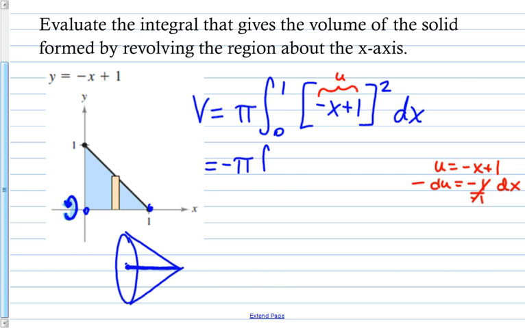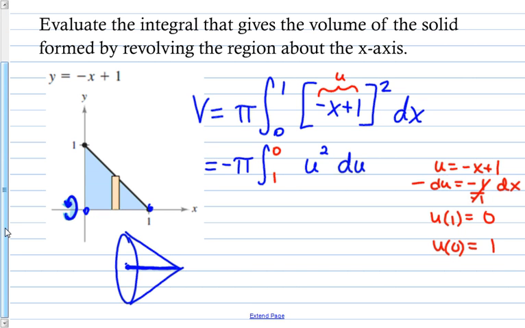And I'm integrating, and now this is u squared du. And I'm going to go ahead and keep it all about u. So you plug in the 1, and I get negative 1 plus 1, which is 0. And then you plug in the 0, and I get negative 0 plus 1, which is 1. So now my new limits are 0 and 1.